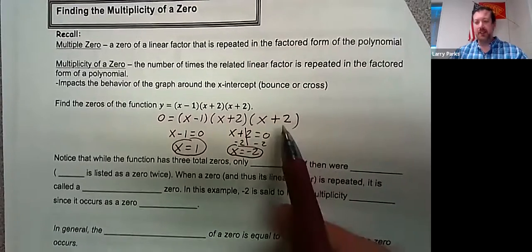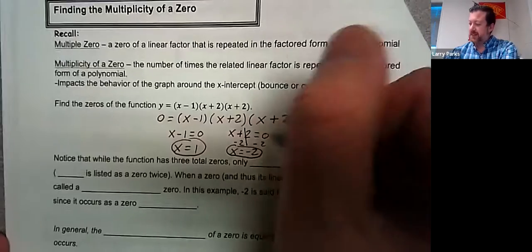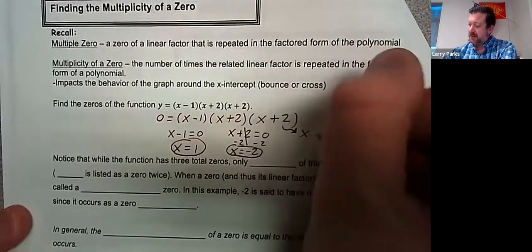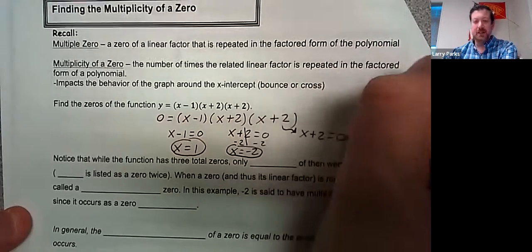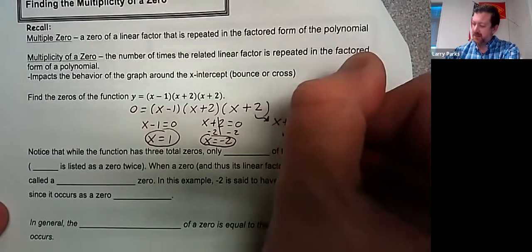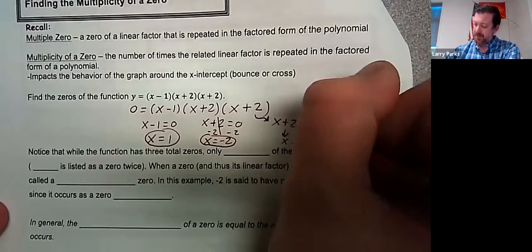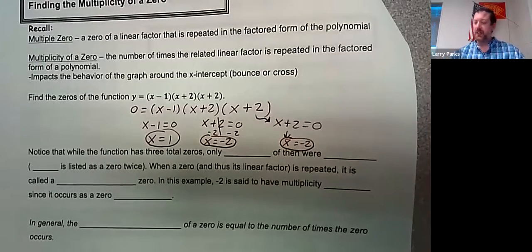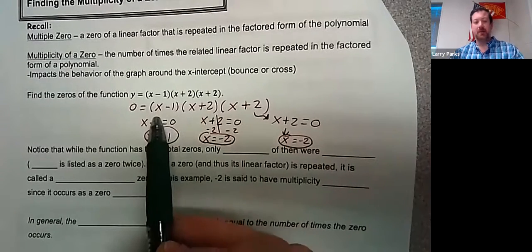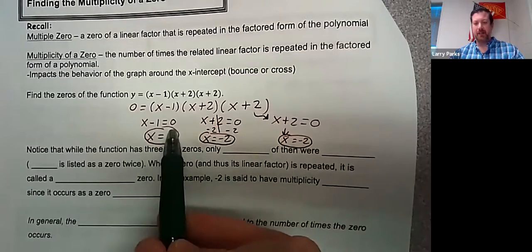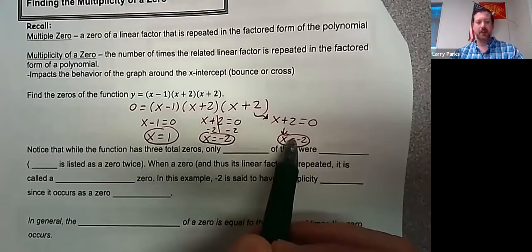And then, of course, if I do x plus 2 on this one, I get negative 2 also. It's the same thing. So what I want you to notice is that this polynomial had 3 factors. That means it's going to have 3 solutions.